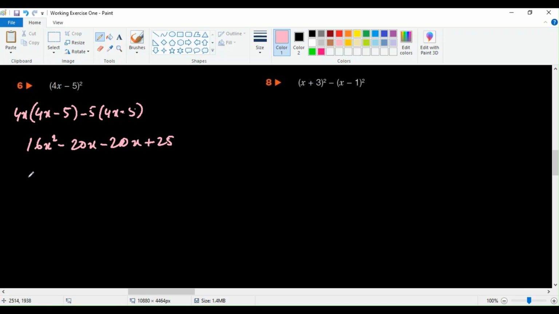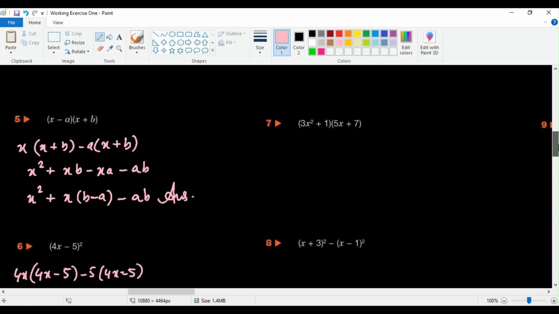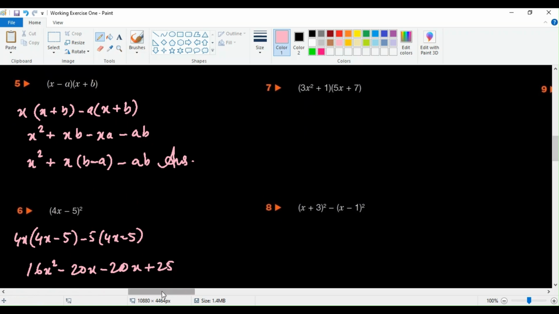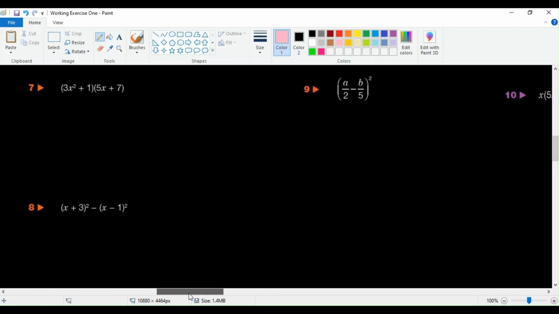Now let's see. Final answer for this question is going to be 16x squared minus 40x and plus 25. This is the final answer for this question. Moving on to question number 7. Let's see how do we do this. I'll bring this question number 8 a little down here.